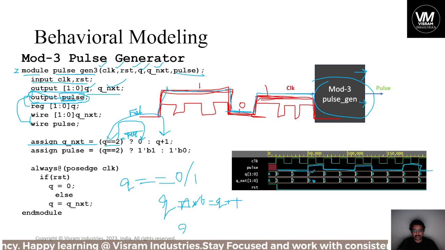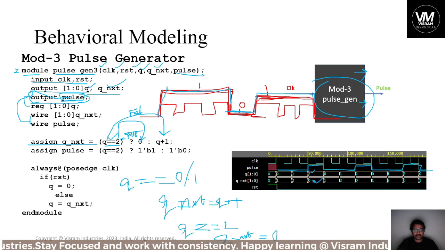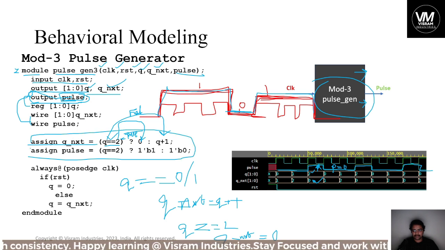Or else if Q is equal to 2, then Q next is equal to 0. So hence, what happens? The pulse is equal to 1, or else pulse is equal to 0. These are the assigned values that we want to give.